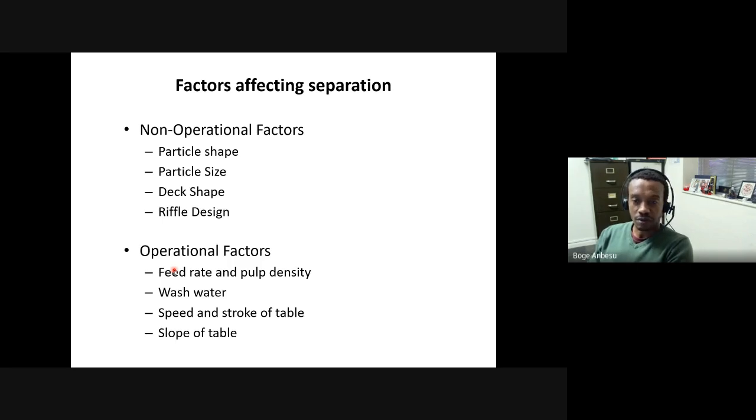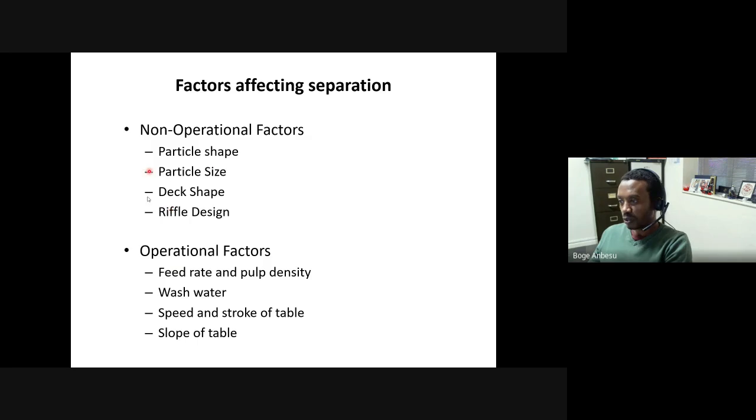So even if you read the manual of the machine that you bought, for the particular ore you are processing, it's always a trial and error. So you have to do the tabling many times, repeat it and repeat it until you come up with the desired product. Once you get to the desired product, then you can say, I have optimized the table. This is my operating conditions. So until you get to that desired performance, you have to probably do a lot of tests and optimize it to get an optimum performance.